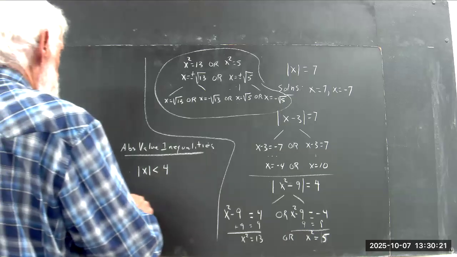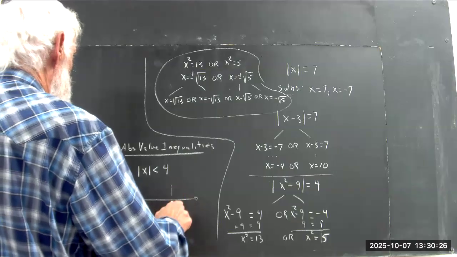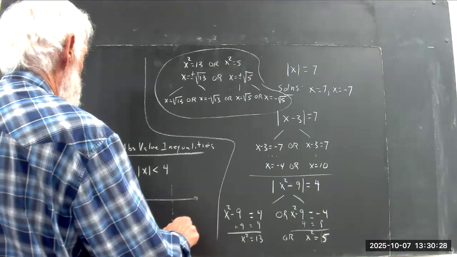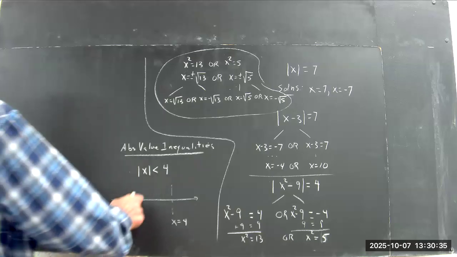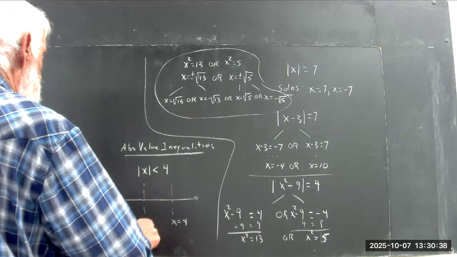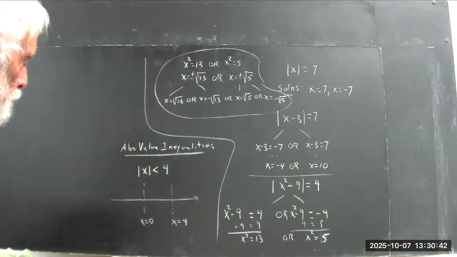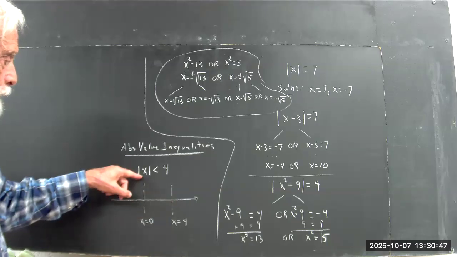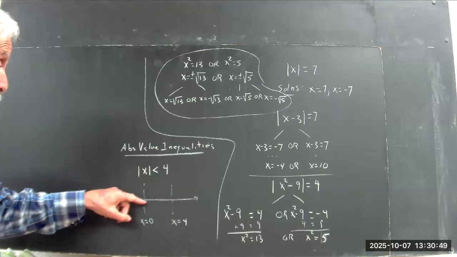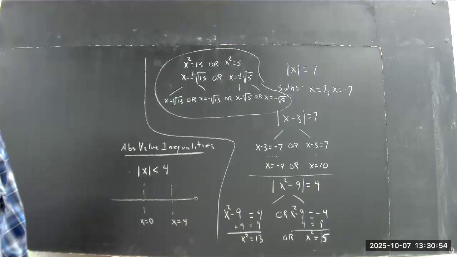I'm going to draw a number line. Here's where x equals 4. Let's say here's where x equals 0. It should be clear that everything between here and here is part of your solution set. Any number between 0 and 4 is going to have an absolute value less than 4, right?